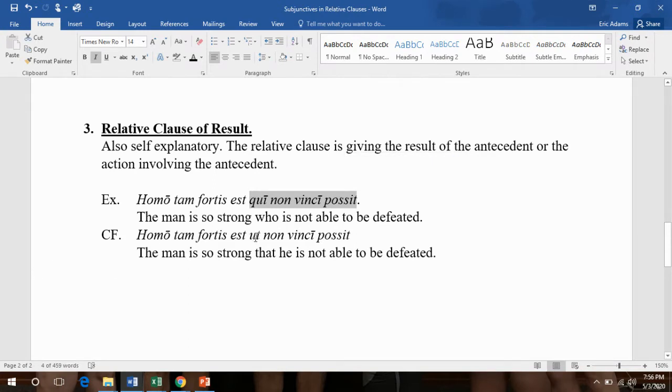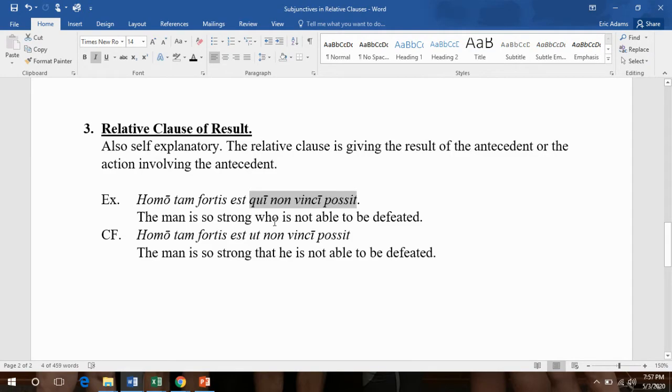And look, we can replace it with an ut, or result clause. It has the exact same meaning. The man is so strong that as a result, ut, he is not able to be defeated. And so in this way, we are merely indicating that the relative clause is the result of the man being so strong.